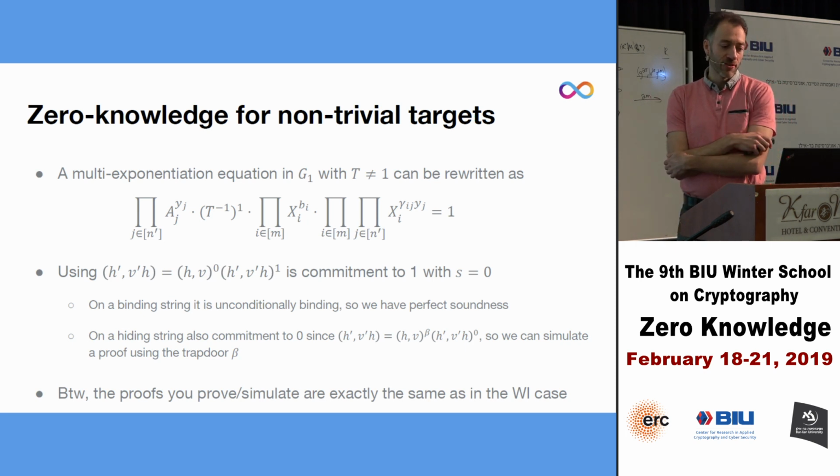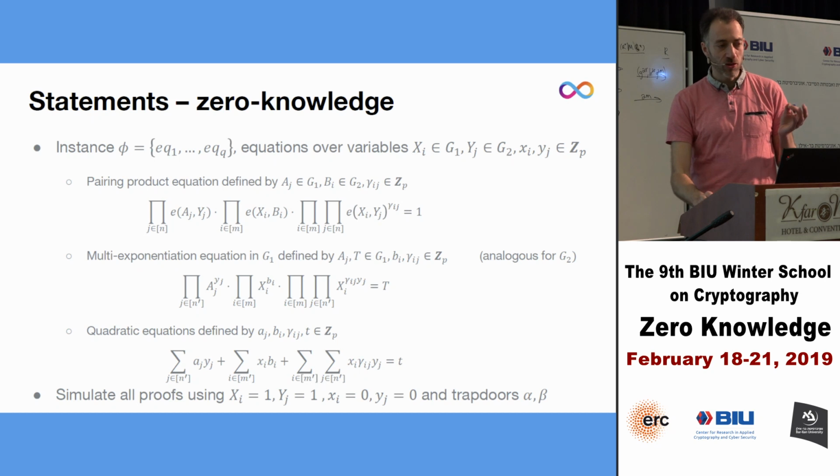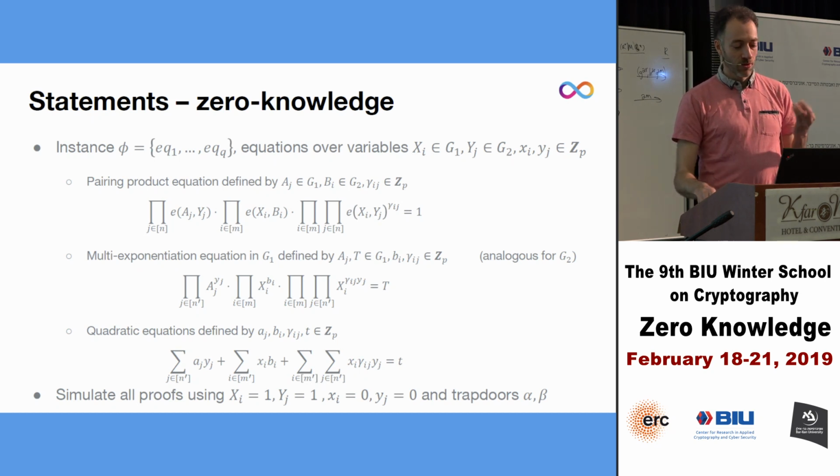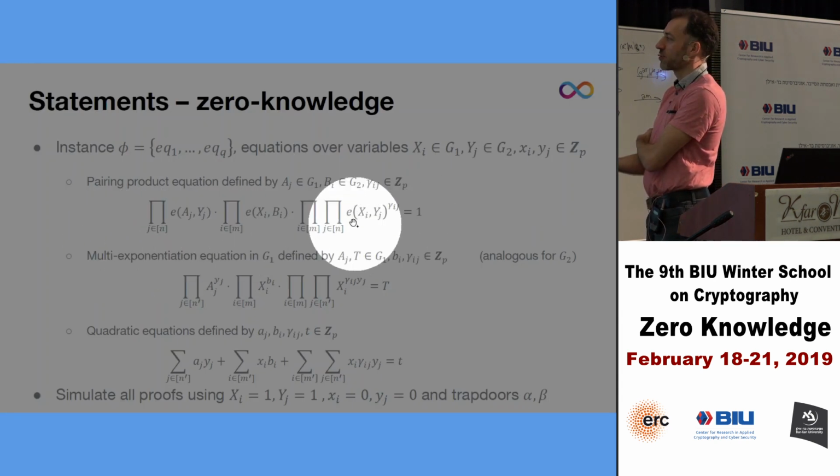You can do exactly the same thing for multi-exponentiation equations. So that means we now actually have a zero-knowledge proof. The zero-knowledge proof works whenever all the pairing product equations hit the target 1.